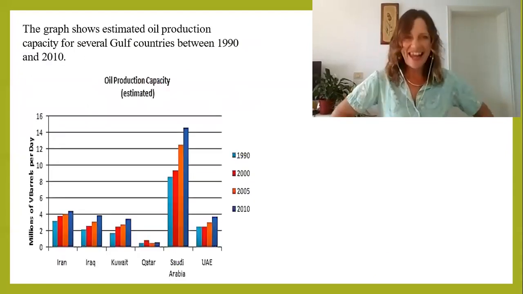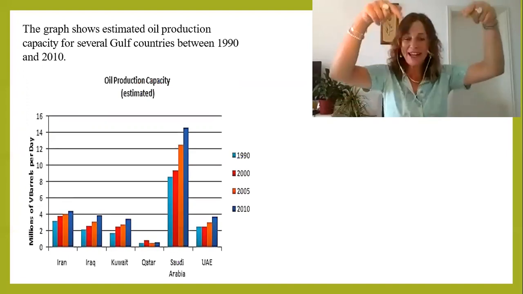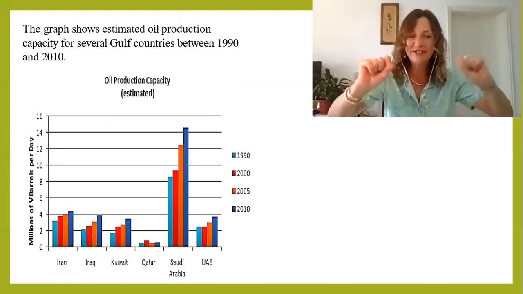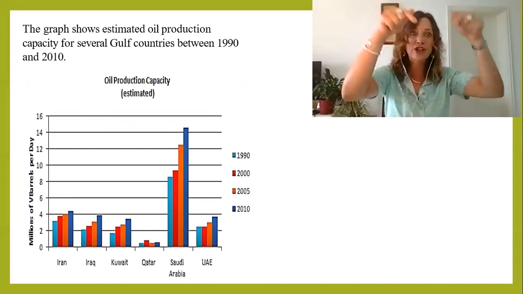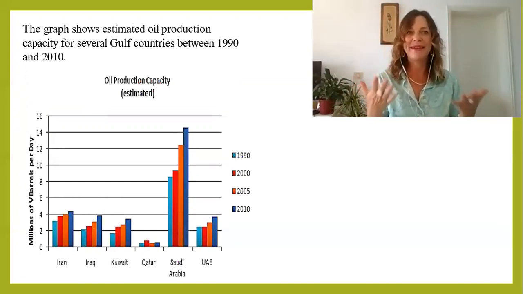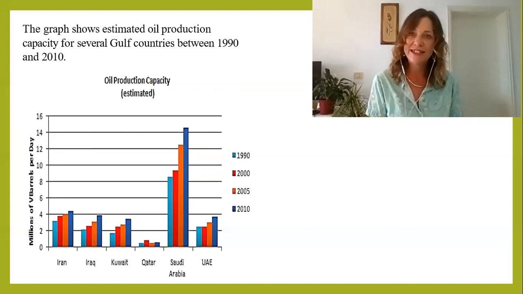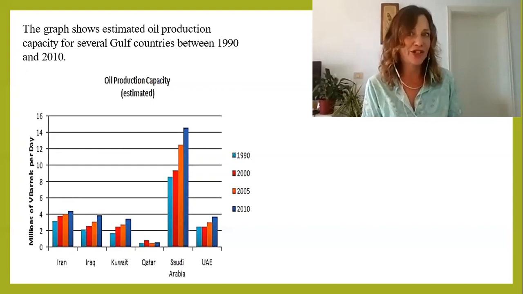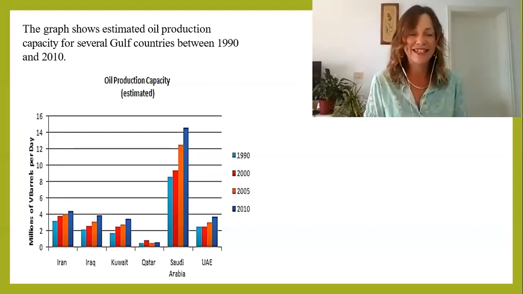Okay, let's give a go then. So here we have the title of the chart, and we are going to change that now into our introduction. Let's read it together, and then we'll see how we are going to change this into our introduction for task 1 of the writing.